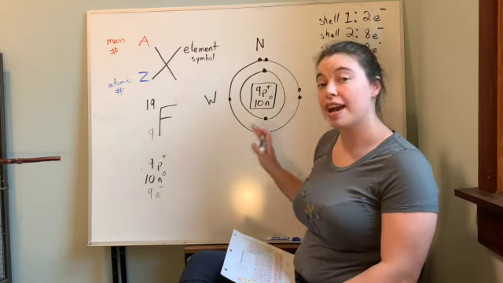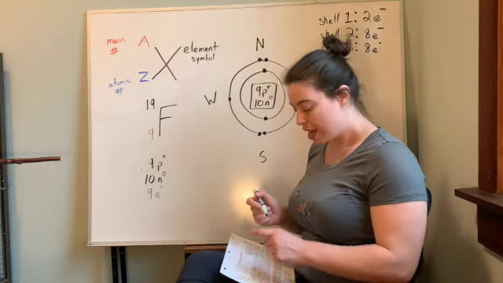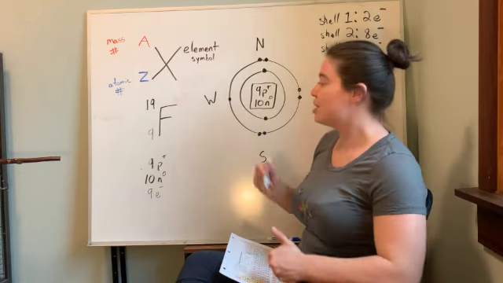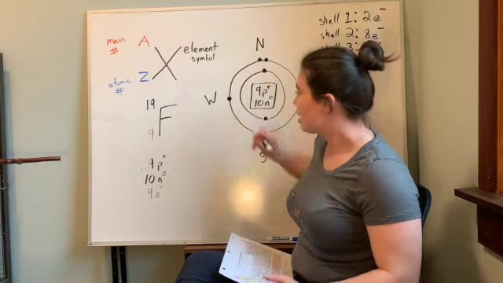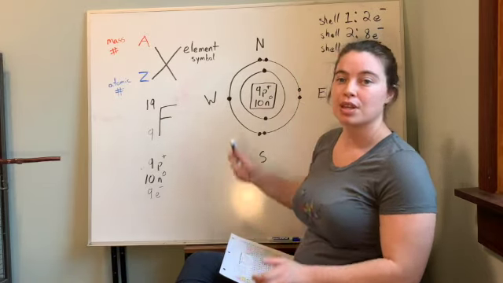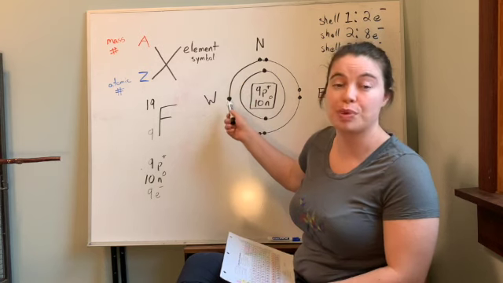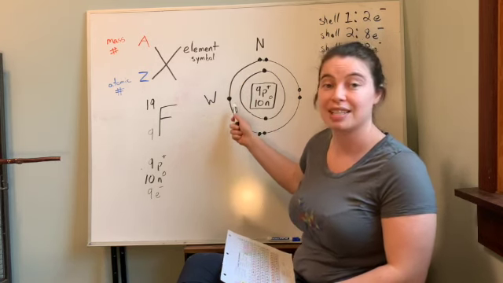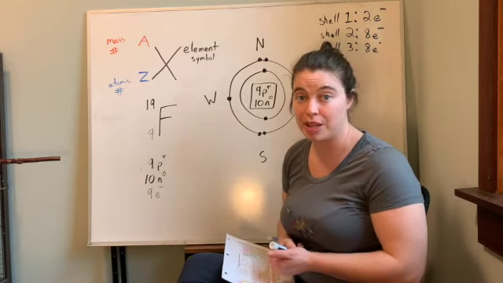Now, the reason why I am being picky about these electron placements is because this electron right here, this lonely electron that doesn't have a partner, it matters a whole bunch. This is the electron that really wants to bond with another atom or get involved in a chemical reaction or create a molecule by partnering up with someone else.